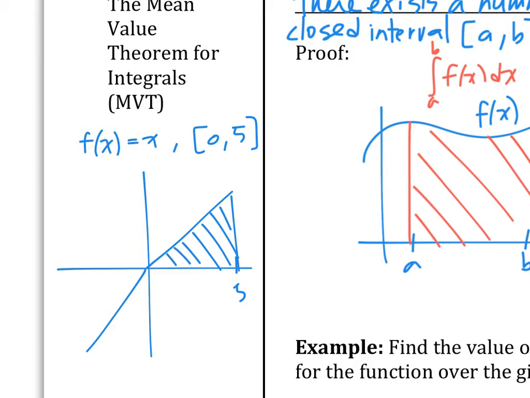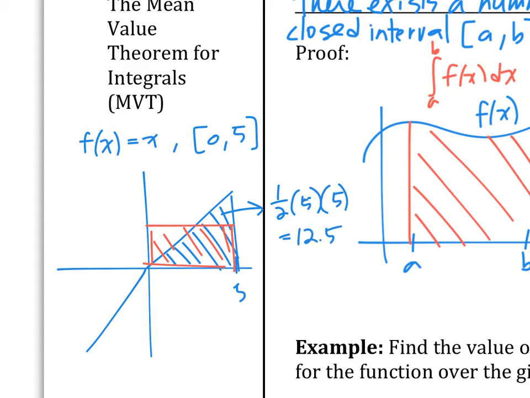There must be another place in here where we have exactly the same area. The area, this is easy, the triangle area is going to be 1/2 base times height. So that is 12.5.